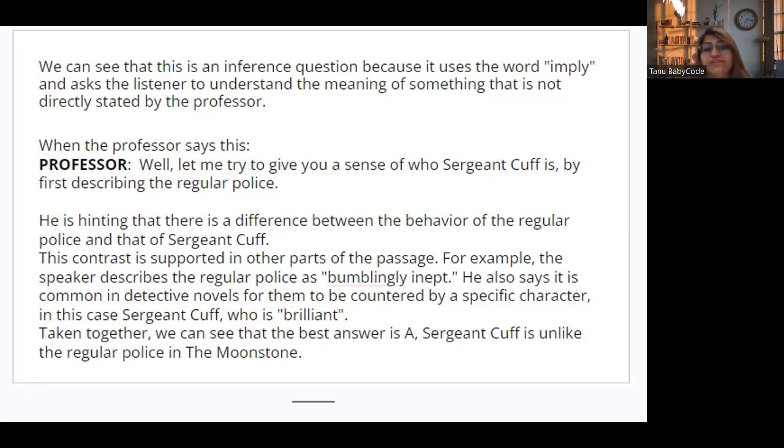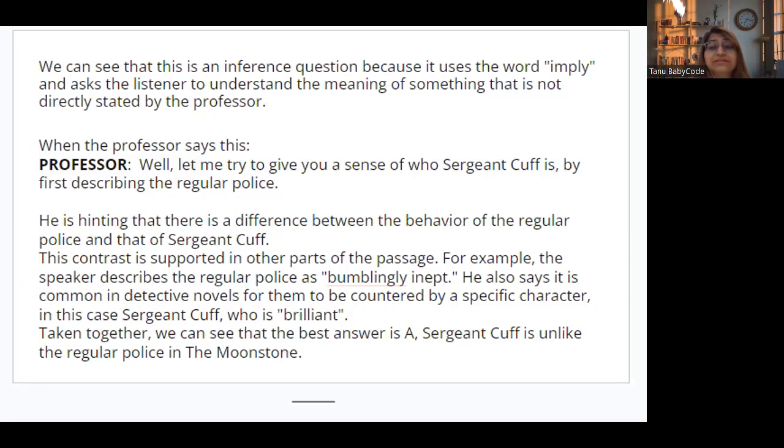So when the professor says this, he's actually giving you a hint that there is a difference between the behavior of regular police and that of Sergeant Cuff, right?